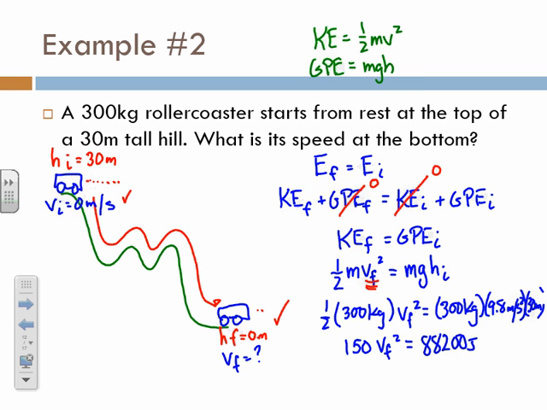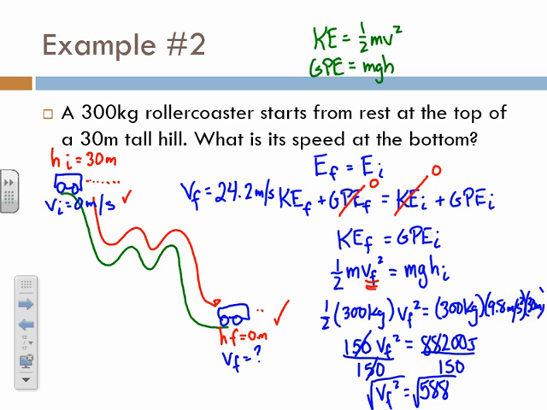I can now divide both sides by 150. That cancels my 150 in front of my V final squared. I get 588, but that's still squared, so I'm going to take the square root of both sides. And that should give me my final velocity of about 24.2 meters per second.